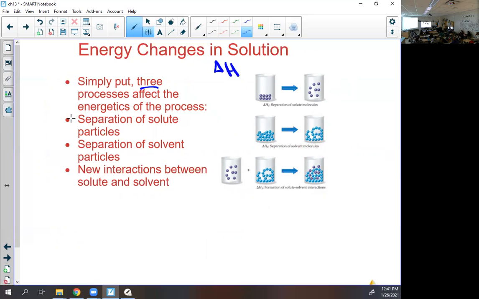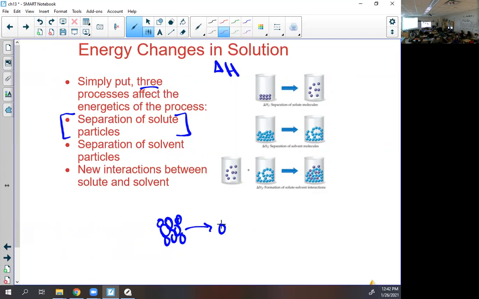First, the separation of the solute particles. Literally, as my solid starts to break apart, there is some energy involved. Second, the separation of solvent particles. In order for the solute to fit in, everything around it has to move, and I should do that in a different color.